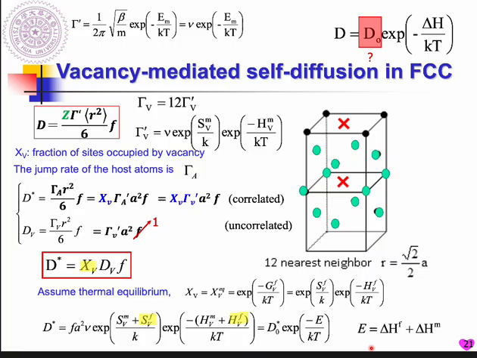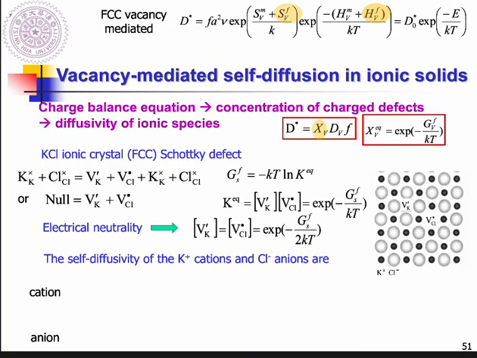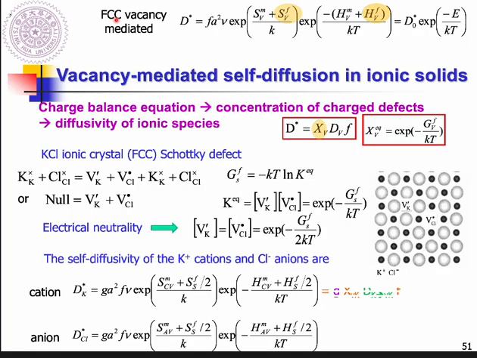But as you know, the structure for these ions actually is a double FCC structure, not directly FCC. So here we need to put a G for diffusivity.